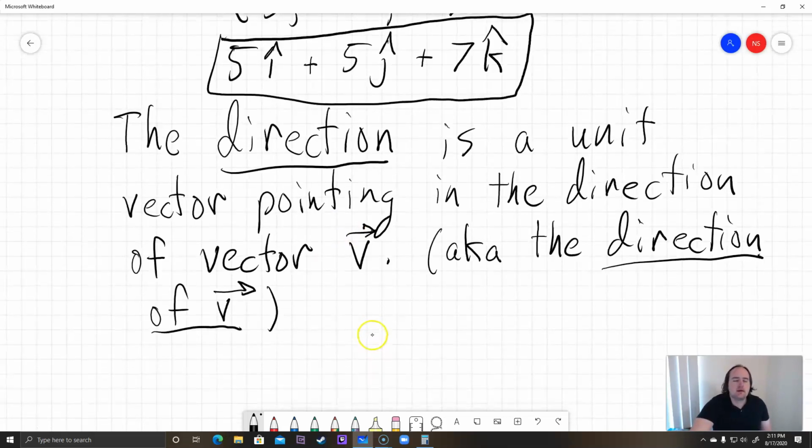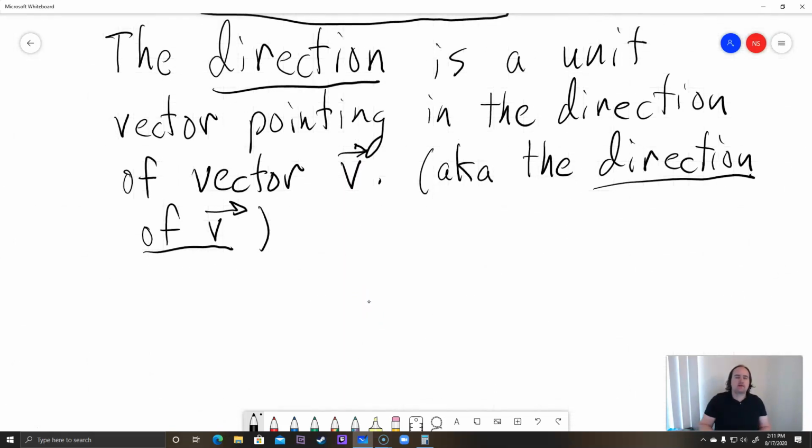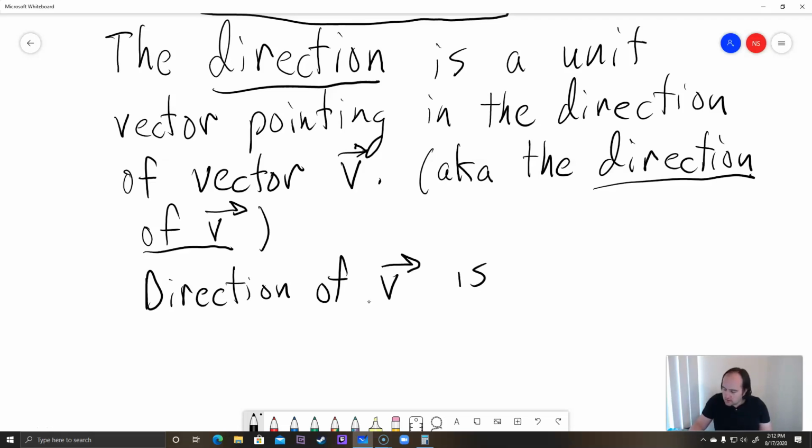Okay? Now, how do you find the direction? It sounds like it might be hard to find, but it's actually pretty simple to determine. So, the direction of v is, we'll call it vector u, because it's a unit vector, and u equals vector v divided by the length of vector v.